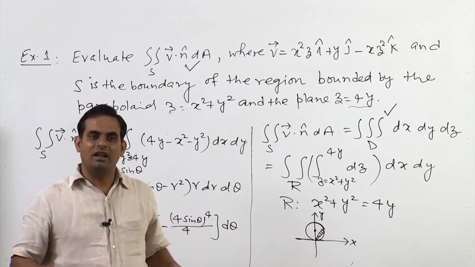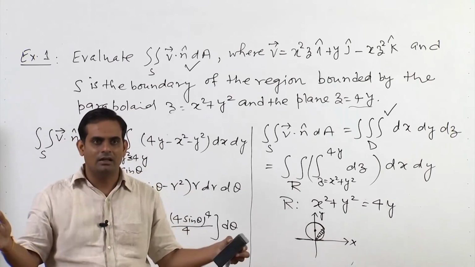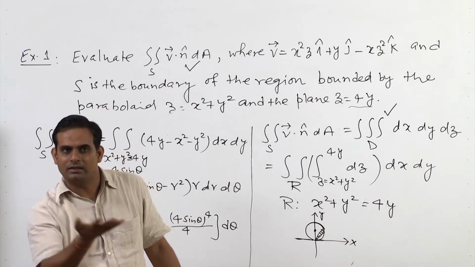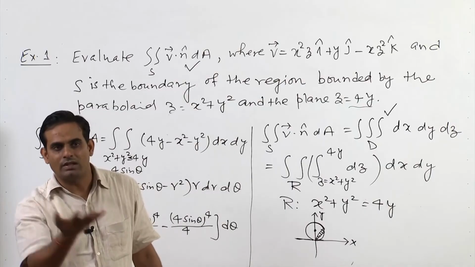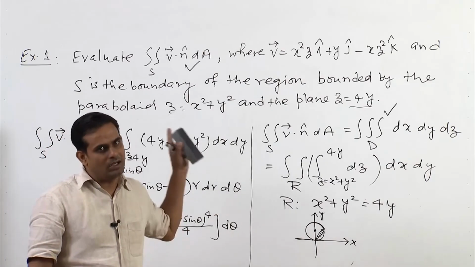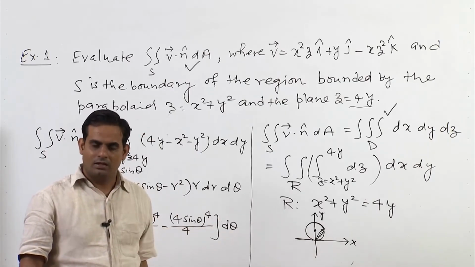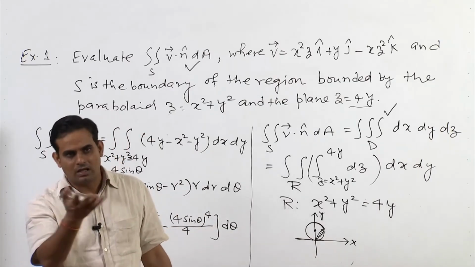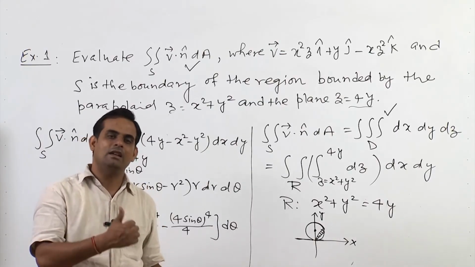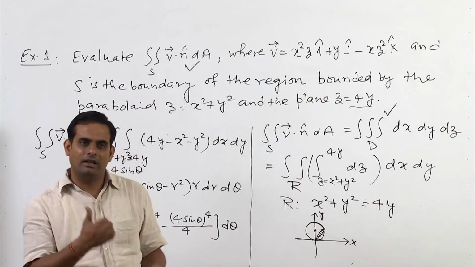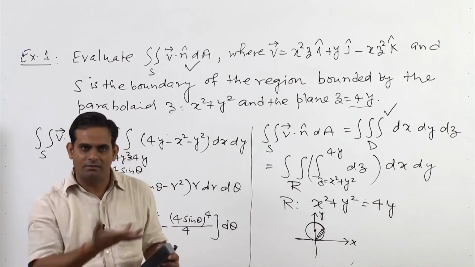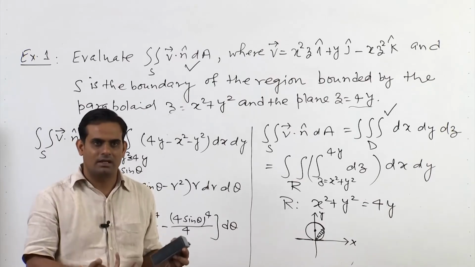If you want to evaluate it on a hemisphere where z is positive, you have to take a circular disc to close the hemisphere. So always this theorem is applicable on closed surfaces. If the surface is open, somehow make it closed, calculate the integral and then finally subtract the integral over that particular portion of the surface which you have used for closing the surface.